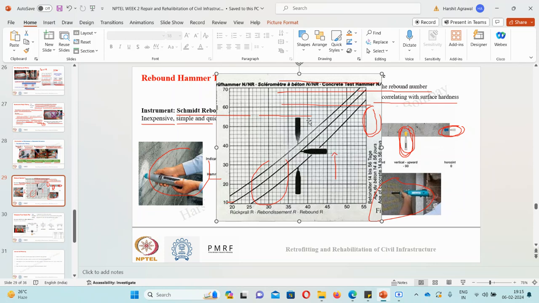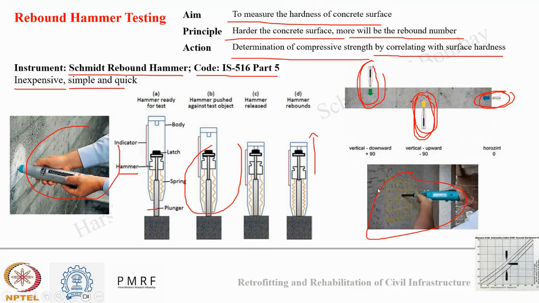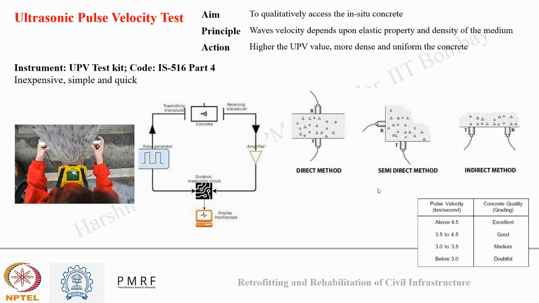Similarly, for vertically down testing, since gravity is opposing the motion of the spring after releasing the hammer, the value is higher than the horizontal orientation. I hope everyone is clear with how the strength correlation changes with orientation.